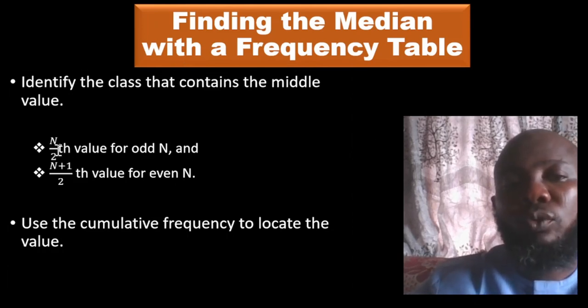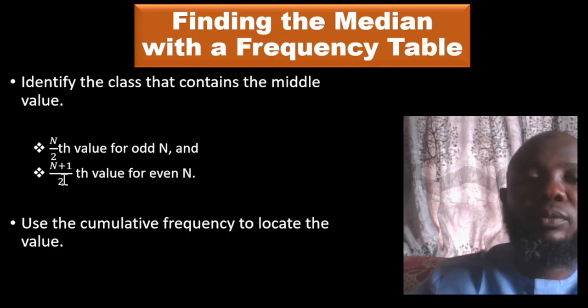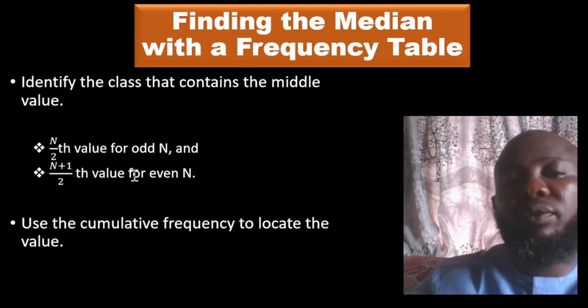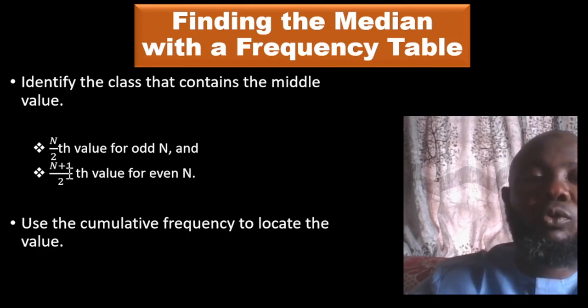That will give you where the value falls. Then the second method is that if the value is even, you add 1 to it and divide by 2. So that will give you the middle value.